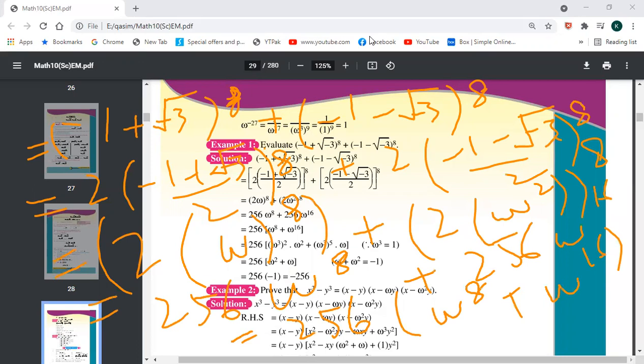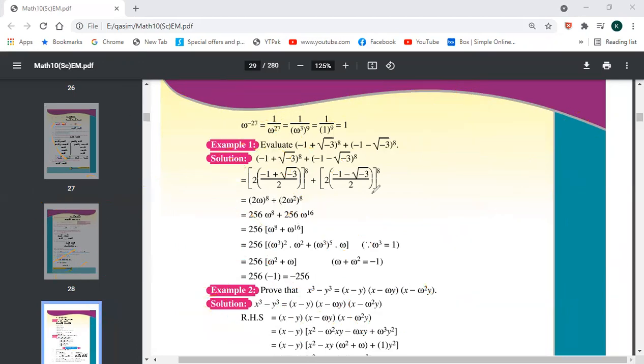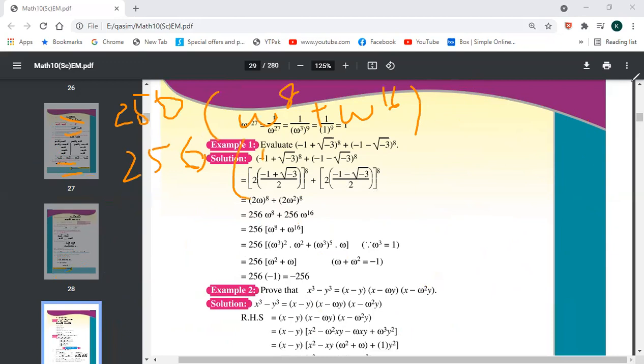Now this equals 256 into (omega 8 plus omega 16). Omega 8 must be subdivided into omega 6 times omega 2, and omega 16 into omega 15 times omega. Why am I splitting in omega?